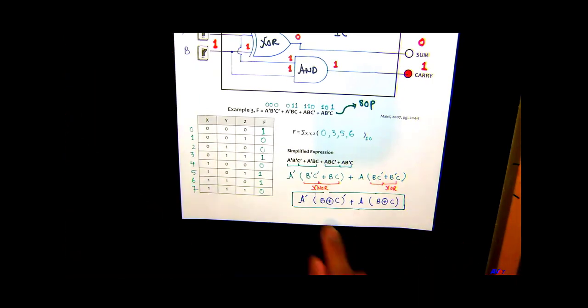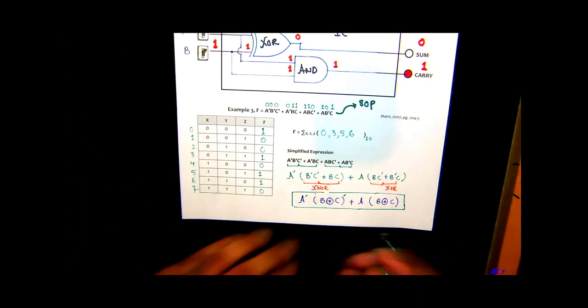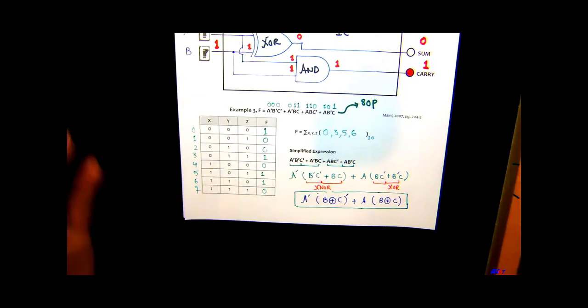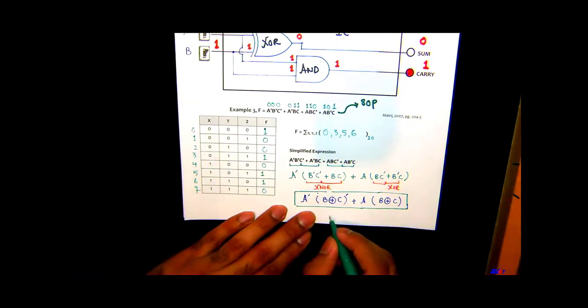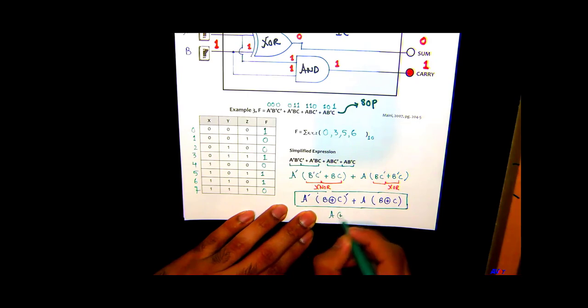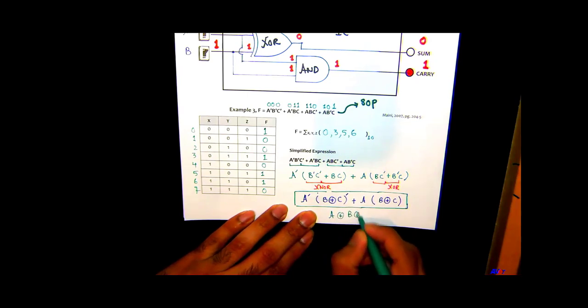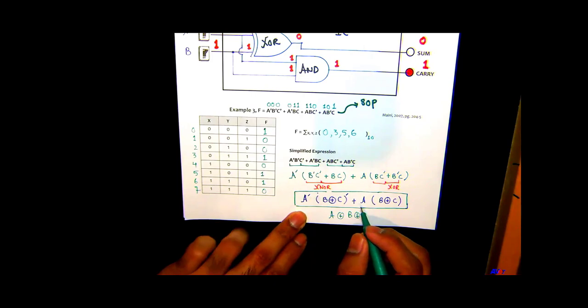We can go with another exclusive NOR gate if we want to. And what would be the expression for that? It would be a XNOR, b XNOR, and bar on the whole thing.